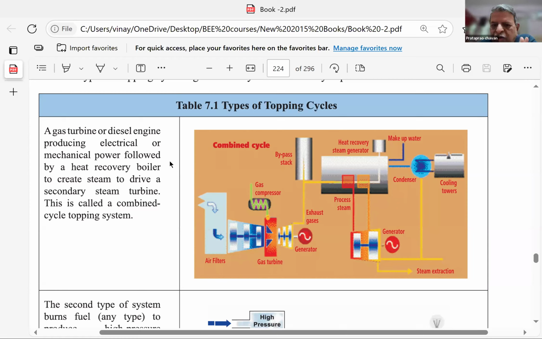Clear? No ambiguity in that because there will always be an MCQ on this. What is topping cycle? If it is reverse, that means first the factory parameters are met. Some factory processes are such that they need high pressure, high temperature steam, which is generated by boiler.